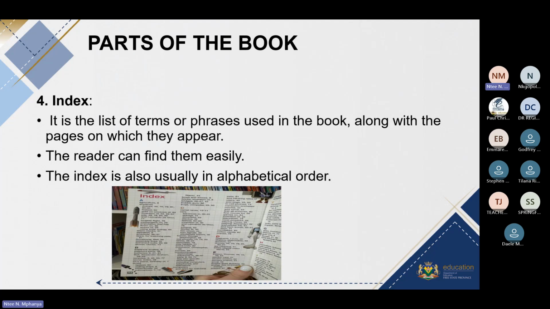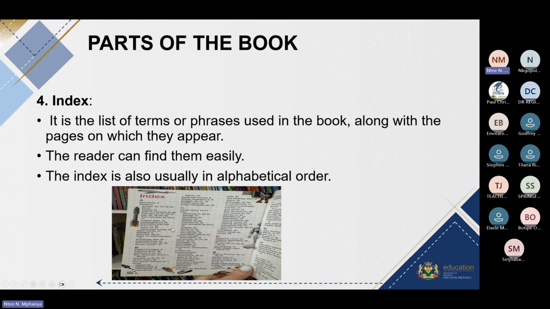And this is how it looks. Look at the A, meaning that all terms or phrases which start with the letter A are found in this section. And here are the page numbers. You see it's A, B, up to I. So it is alphabetically arranged.